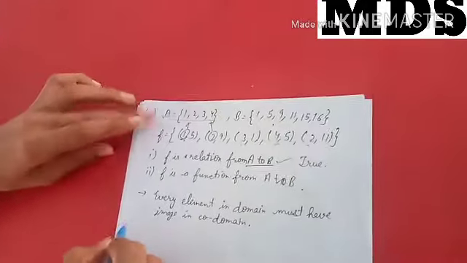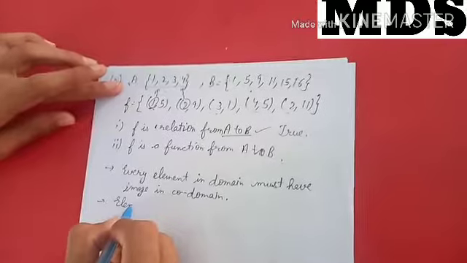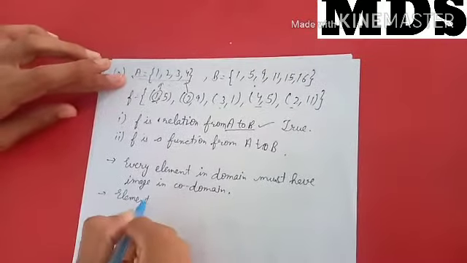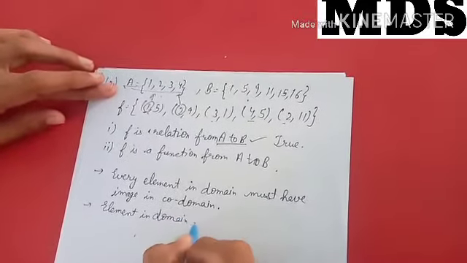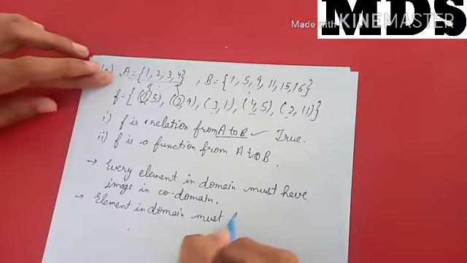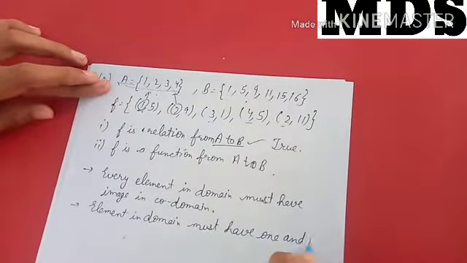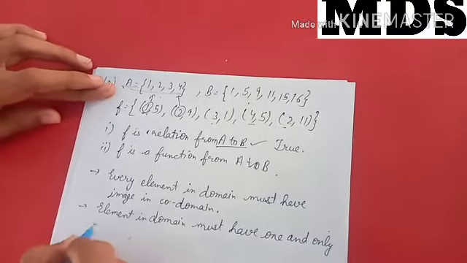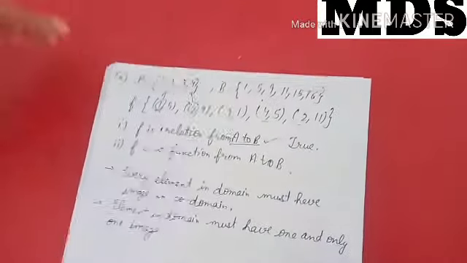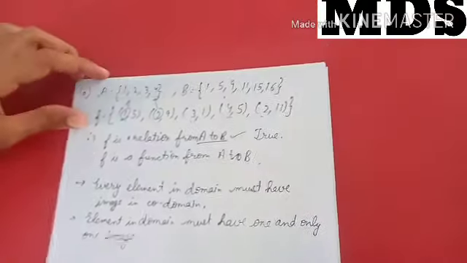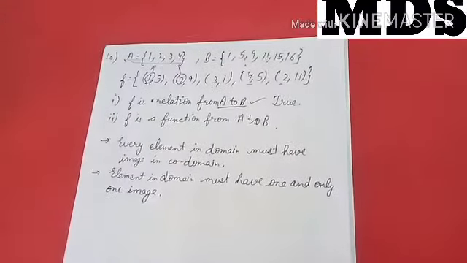And another one is that every element in the domain must have one and only one image. Okay, I will check whether these two necessities are fulfilled by our F or not.